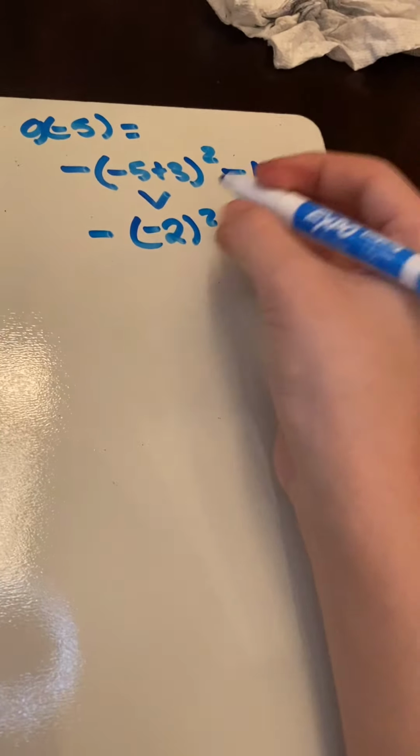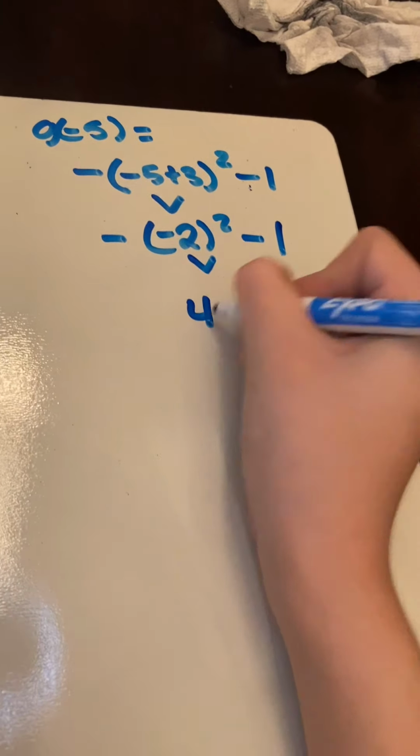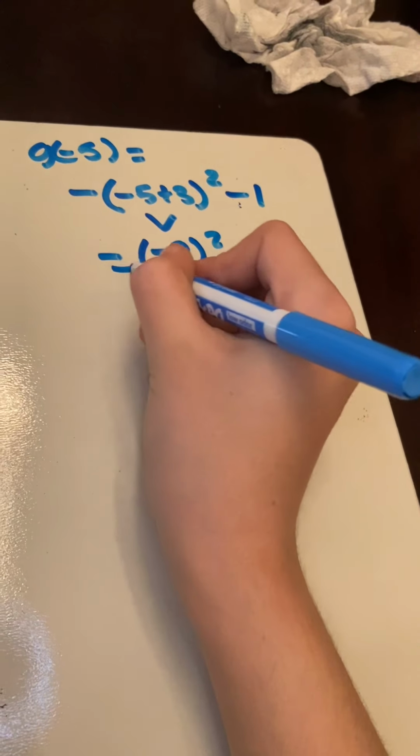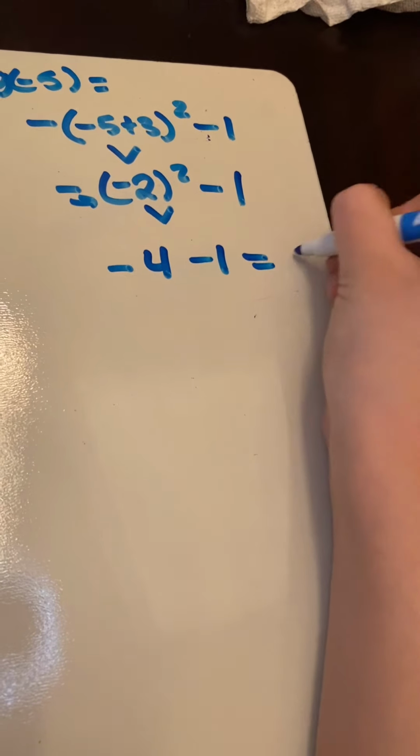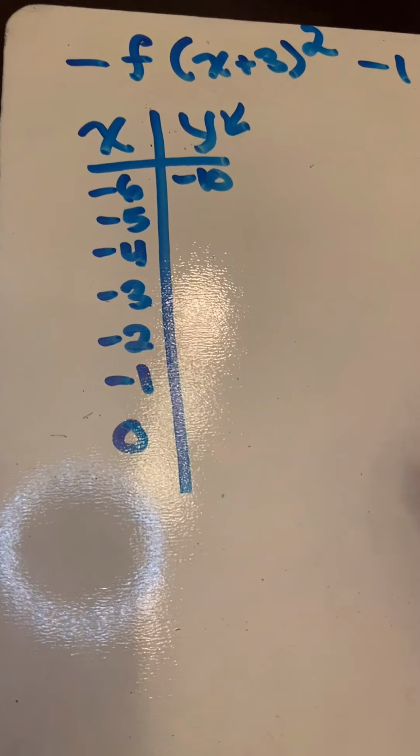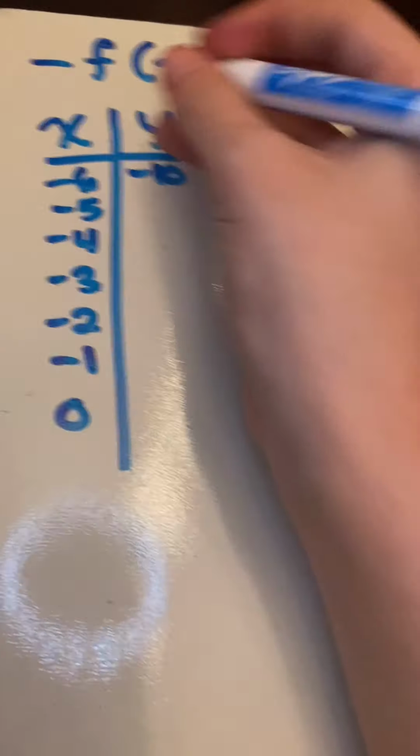We do exponents first, obviously, so you get 4. Multiplication, negative 4 minus 1 gives you negative 5. So we know that when x equals negative 5, y is also going to equal negative 5.